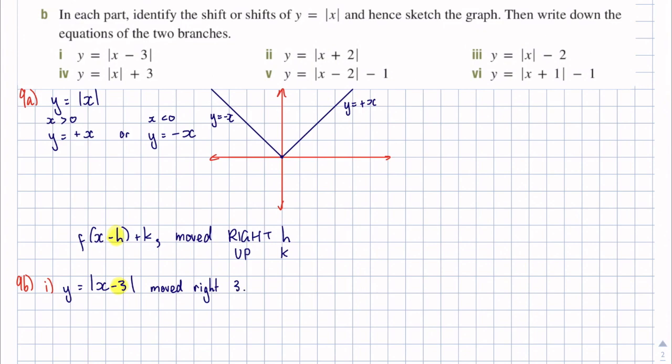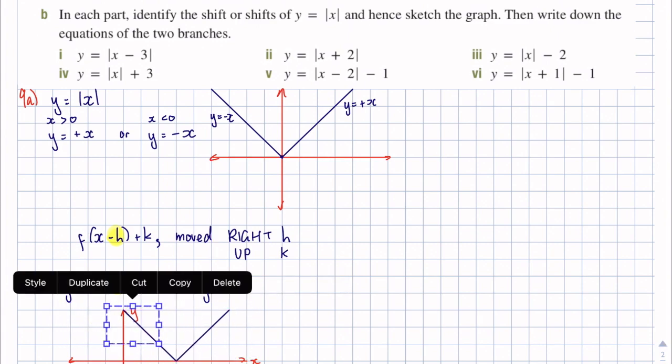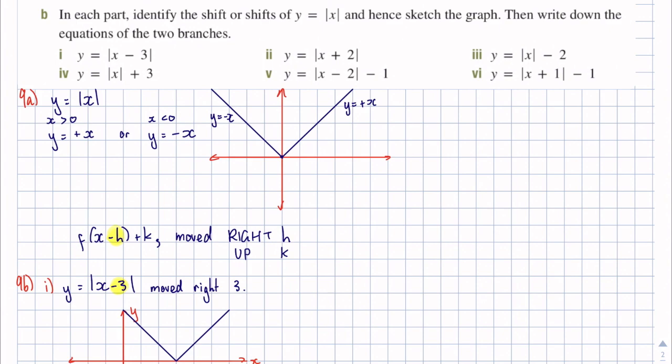So if we have our normal axes, y, x, normally we would have been like that, but this time we've been moved right 3. And these don't necessarily stop there.